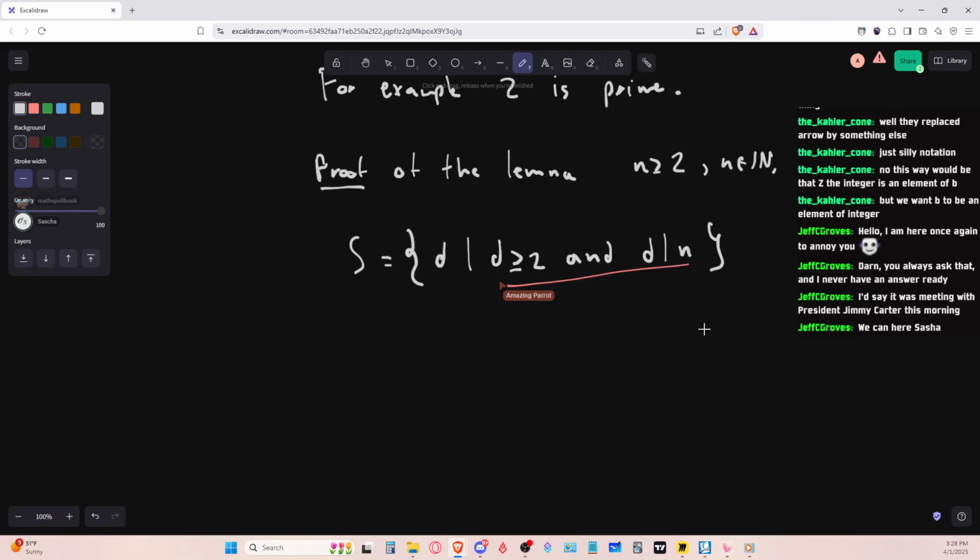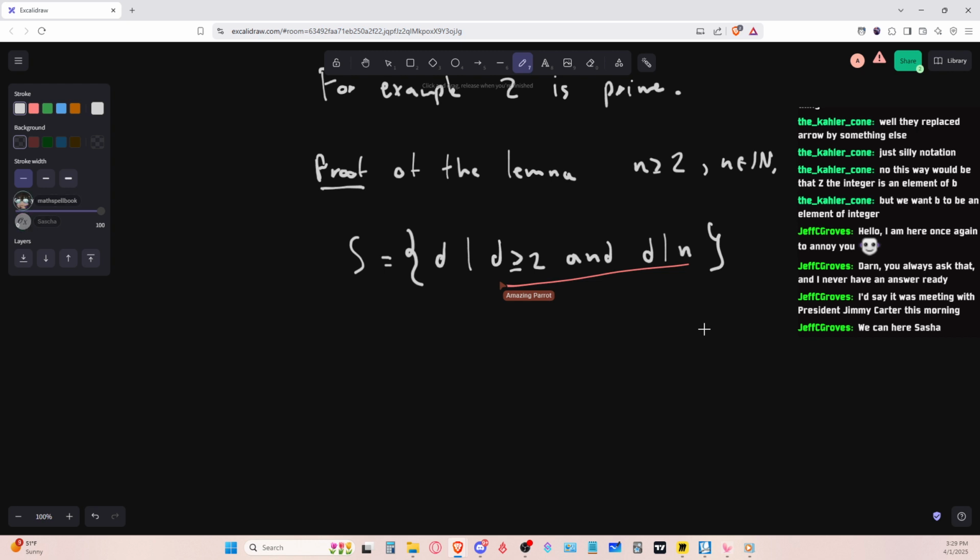For example, D cannot be 1, right? Right. If D was equal to 2 and n was equal to 4, then 2 would be a divisor of 4, which means there's literally an element in there. But here you assume that n is an even number.